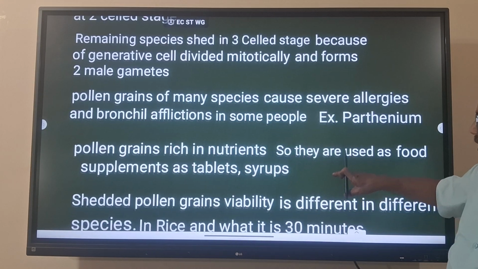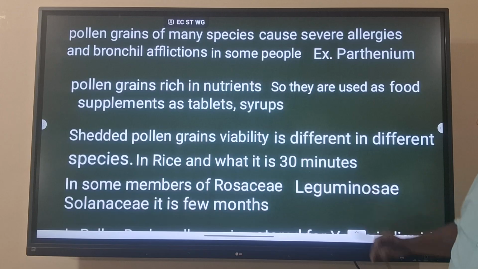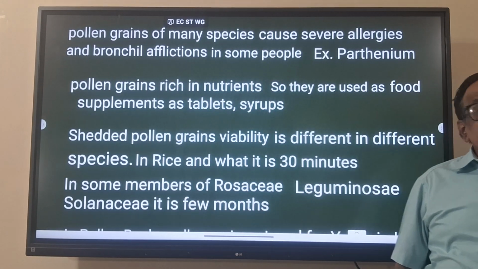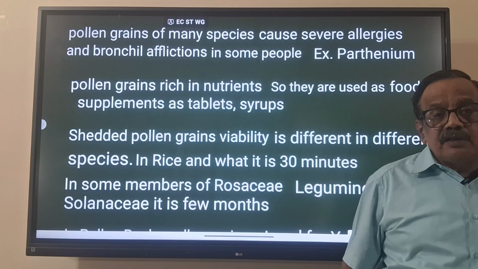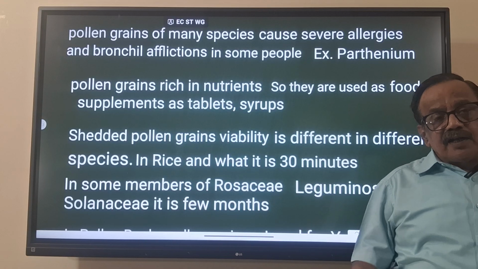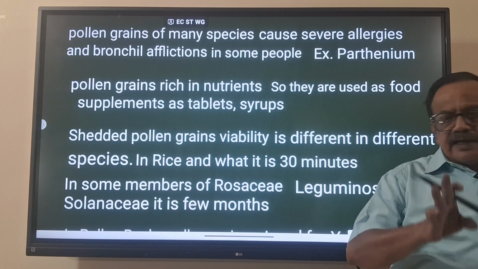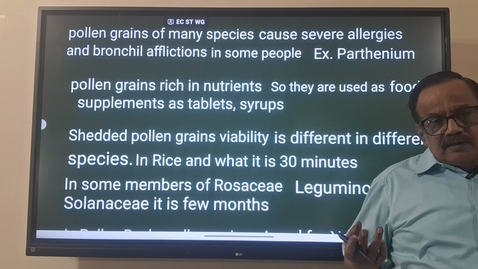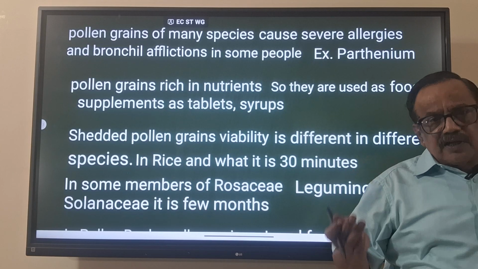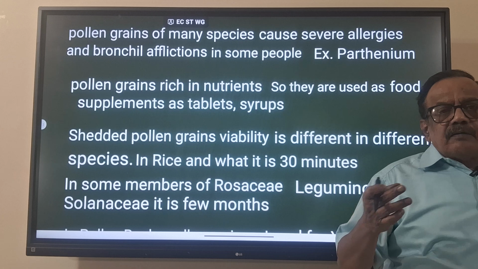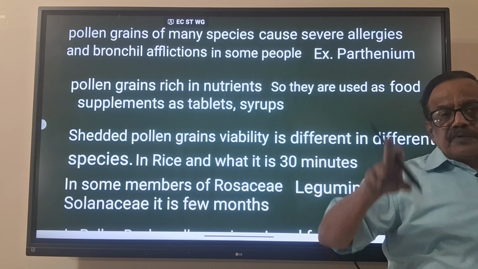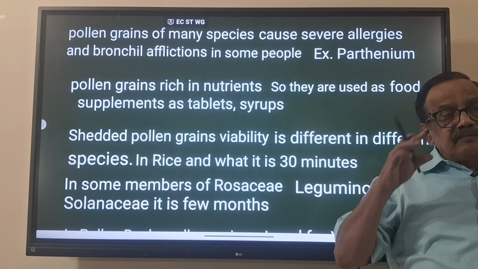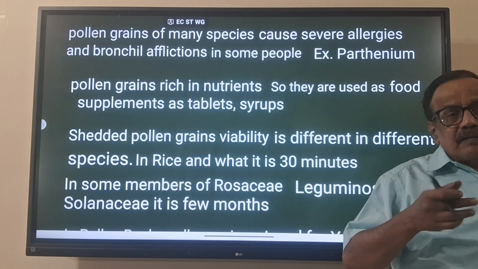Now the next thing is viability. Pollen viability. Why is viability required? The pollen is shed from the anther and comes out. It may reach the stigma of the carpel, but at that time the agent may come or may not come.